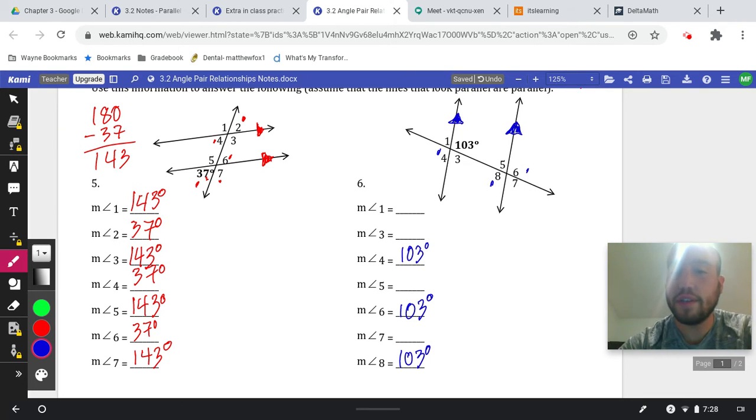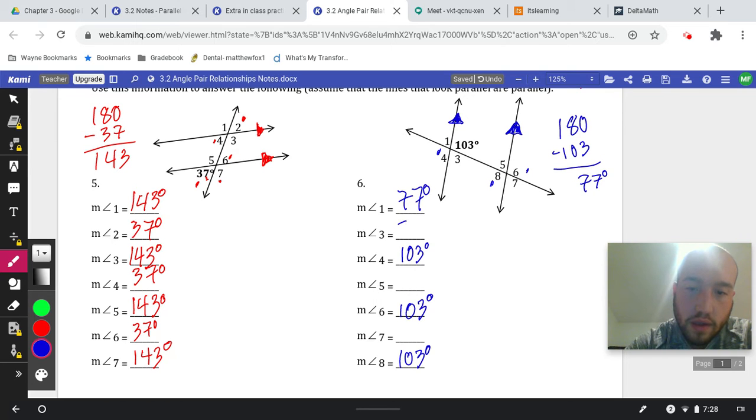Now to figure out what the other one is, remember it's a linear pair, so it's supplementary. And we will get 77 degrees. So angle 1, angle 3, angle 5, and angle 7 are all 77.